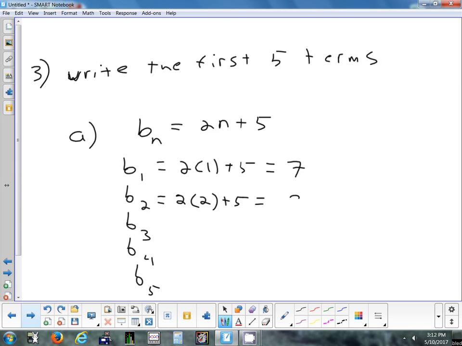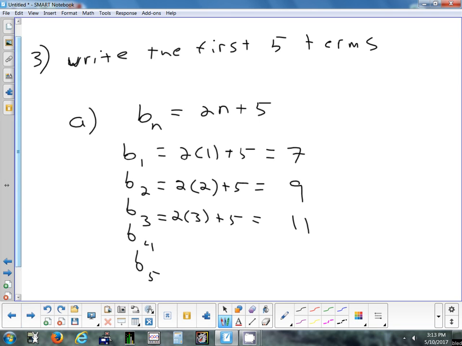And B sub 3 is 2 times 3 plus 5, which is 11. So you can see the pattern, it's just going up by 2 each time. Okay, 2 times 4 plus 5 is 13. 2 times 5 plus 5.